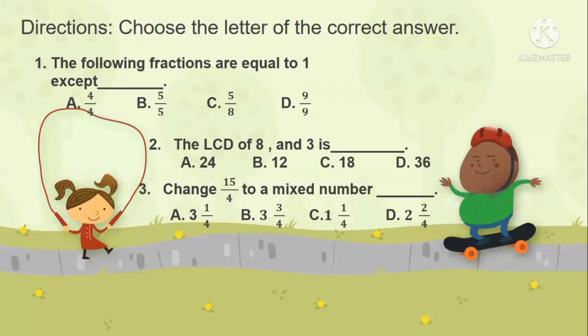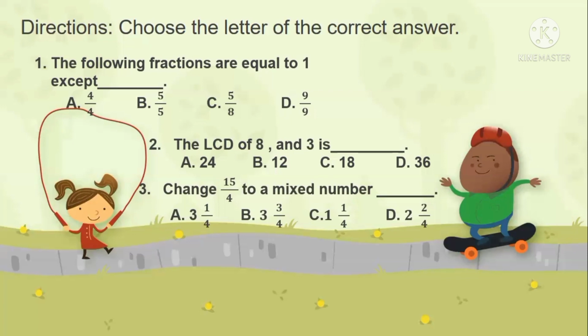Okay, you have it. A. 3 and 1/4, B. 3 and 3/4, C. 1 and 1/4, D. 2 and 2/4. Which of those mixed numbers is equivalent to 15/4? Write the letter of the correct answer on your paper.